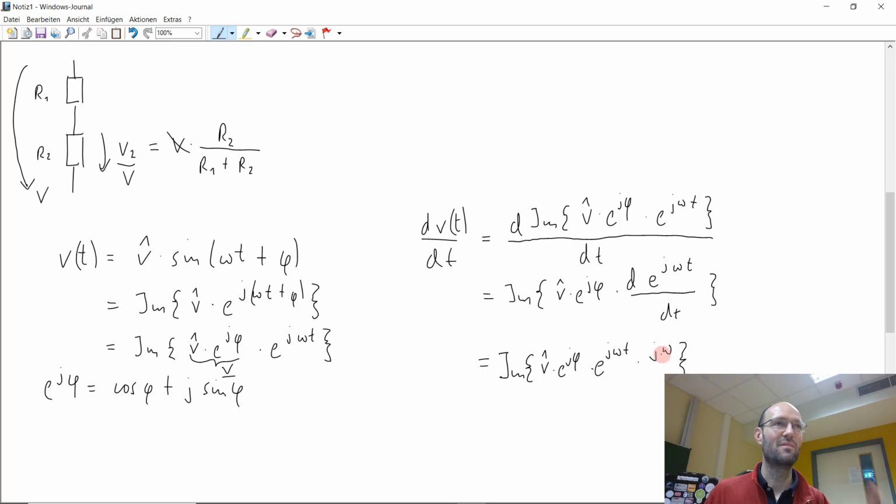That's the important message. And we could repeat this also for the time integral. What happens if we take this sinusoidal voltage function and integrate over time?